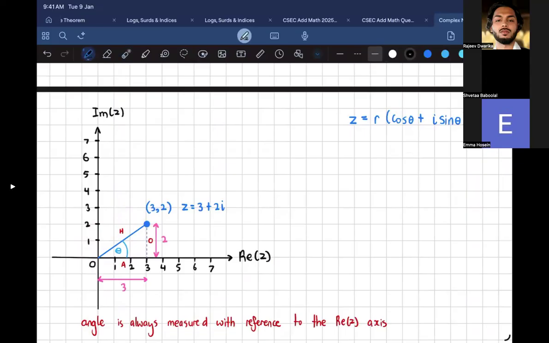So Emma, check this. If I wanted to find this length using the trig ratios, you're supposed to have h, right? And I could find this component using sine. So sine theta is equal to O over h, and this would correspond to the imaginary part.